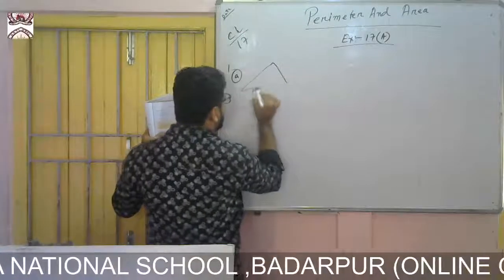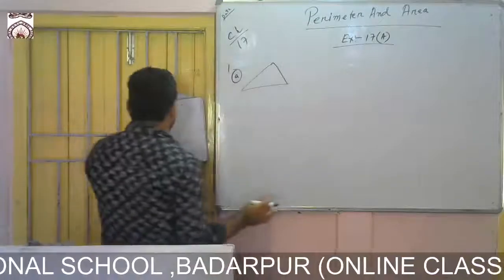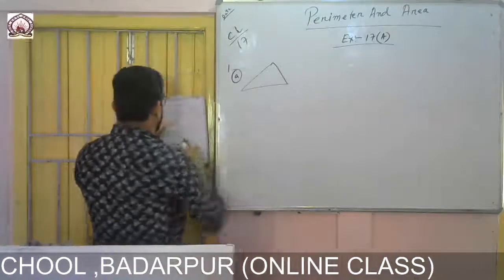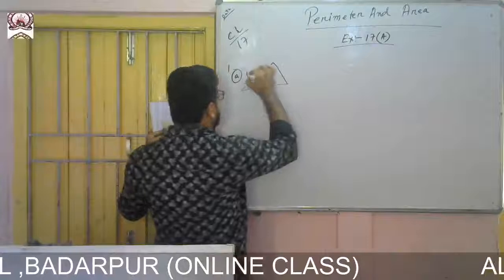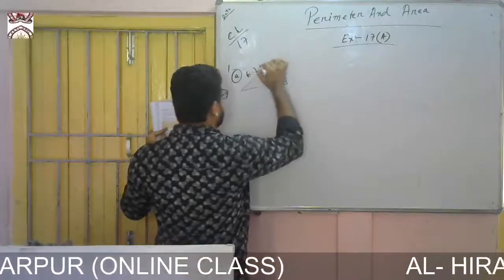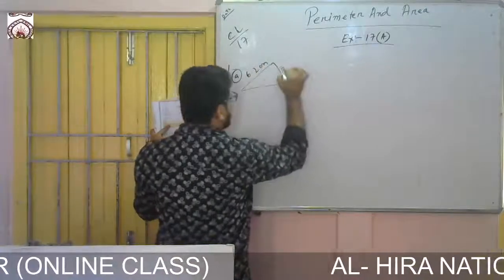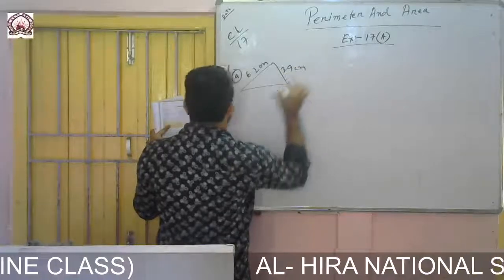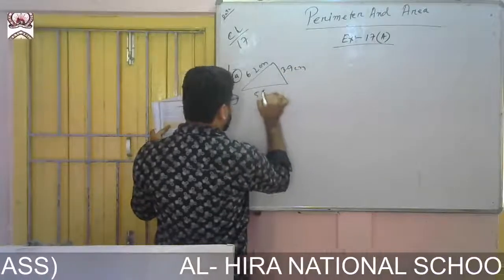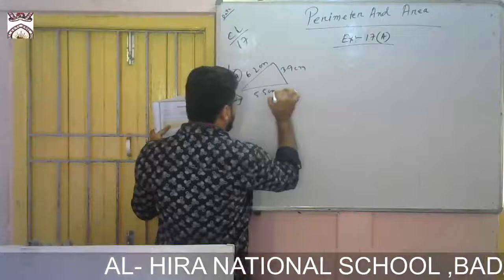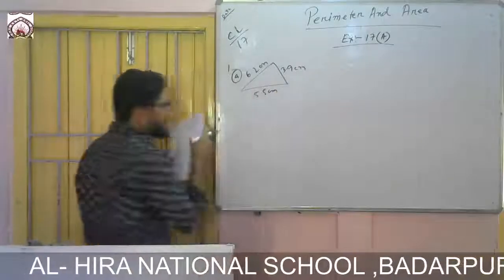I shall not draw figure 1, I am showing it only. Okay. So this is given 6.2 centimeter, this one is given 3.9 centimeter, and this one is given 5.5 centimeter. So what will be the perimeter?